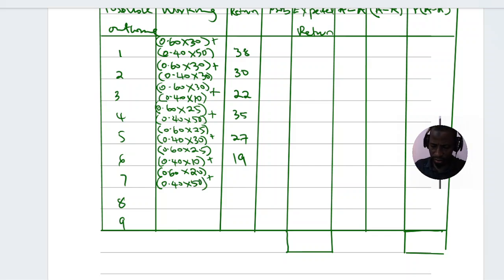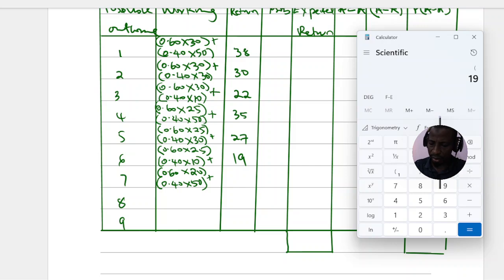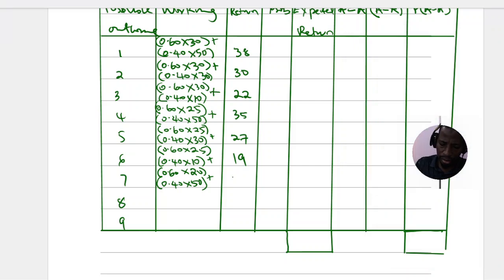So what do you get? Open a bracket, 0.6 multiplied by 20, close the bracket, plus open a bracket, 0.4 multiplied by 50, close the bracket, equal to 32. Here is 32. Then 0.60 multiplied by 20 plus 0.40 multiplied by 30.